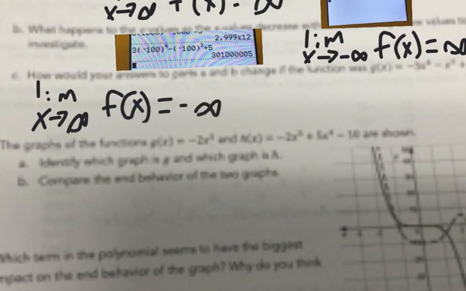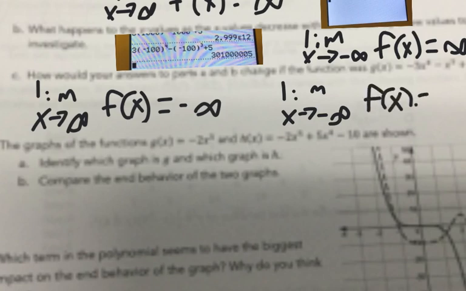And then think about that same thing if I plug in a very negative number. So if I plug in negative 100, negative 100 to the fourth is a positive number. And then that positive number times negative 3 is going to be a negative number. So as I plug in negative values, the y's also become negative. Which again makes sense because what degree polynomial is this? It's a degree 4 polynomial.